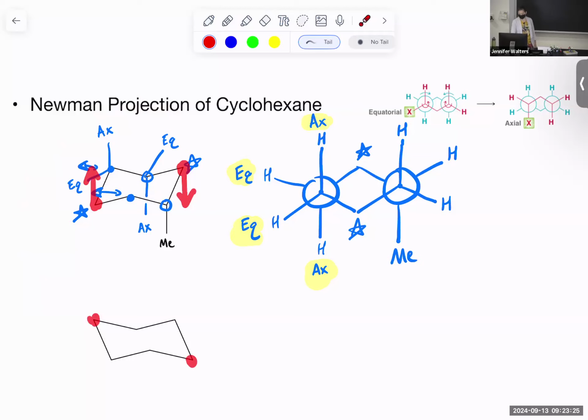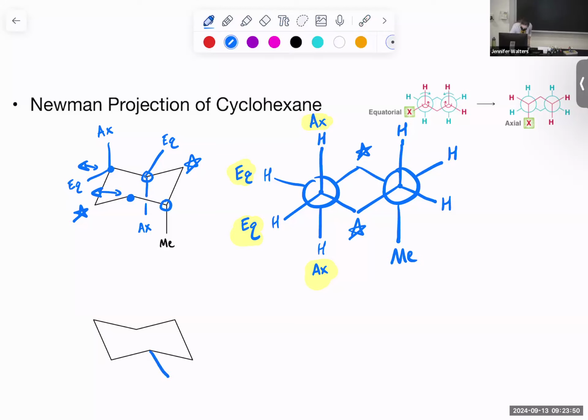So my methyl is going to be attached to that carbon. That's where my methyl goes. That's what I was trying to illustrate with that actual model kit, is that it looks like this is rotated. It's not rotated. It's just shifting a little bit in space. It's going to be here. Down stays down, but axial goes to equatorial.